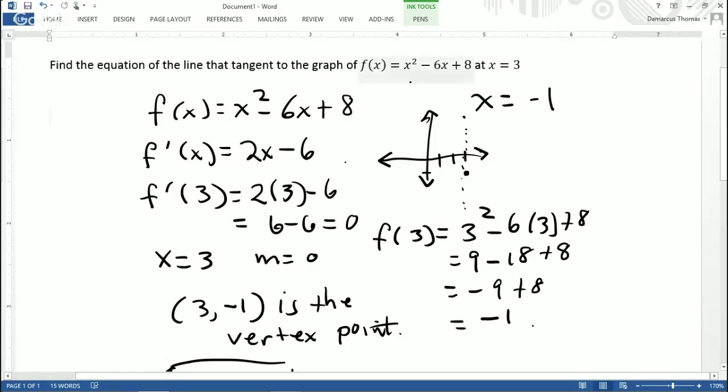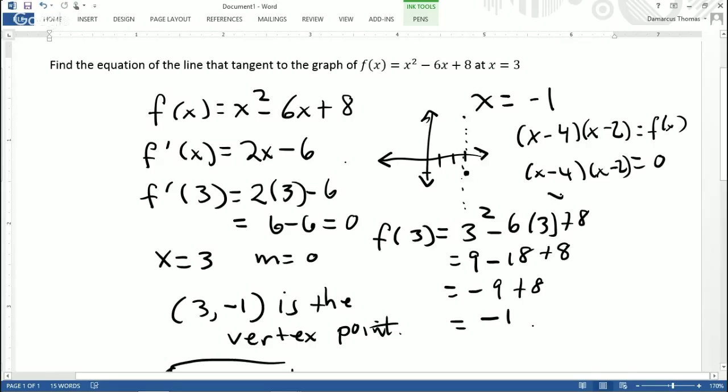And if we were to factor this, we could find the x-intercepts. It factors into x minus 4 times x minus 2. And if that's our f of x, if we were to set our f of x equal to 0, we could get the two values pretty quickly.